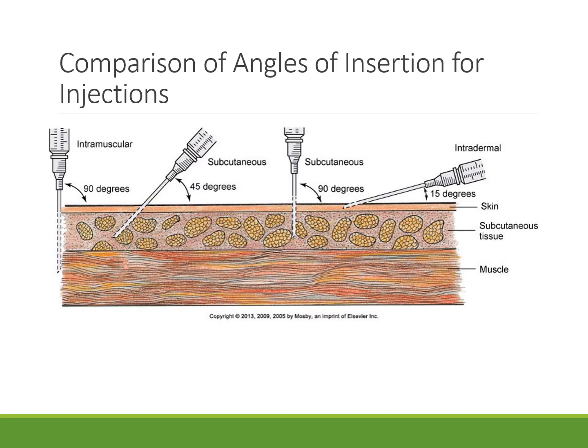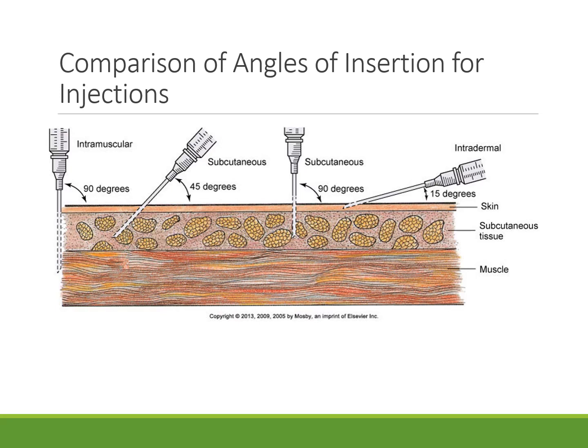So this particular presentation shows the different angles of insertion for different types of injection. If you're giving intramuscularly, from the left, you consider that the angle is straight 90 degrees. If you're giving it subcutaneously, the angle is 45 degrees.